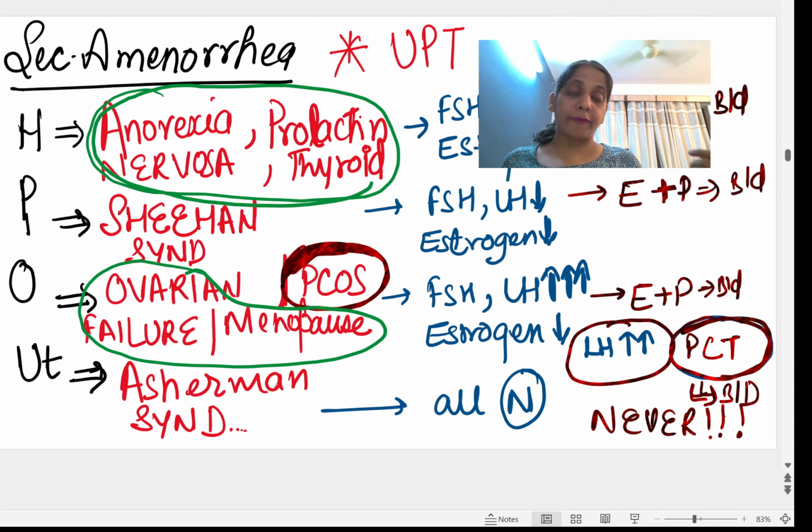Now we should know the ideal conditions for giving combined oral contraceptive pills. All those conditions in which copper T is contraindicated. What are the conditions in which copper T is contraindicated? They are given here in the green circle. India's top ABCD is the mnemonic.